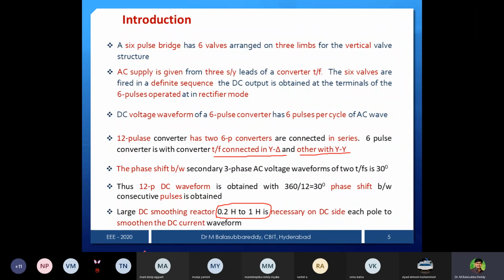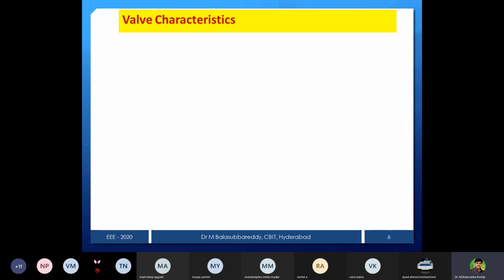There are a lot of harmonics involved in it. To minimize that, we pass the waveform through the reactor, so that the ripple in your output is minimized. That means harmonic content is minimized. That is the improvement from using a reactor.